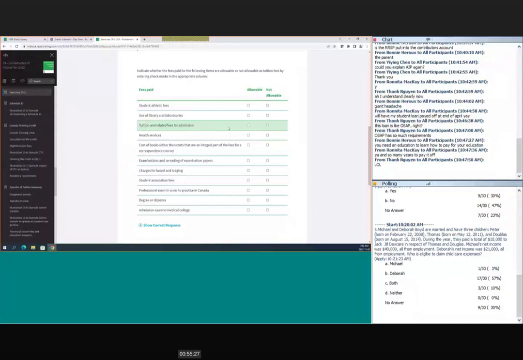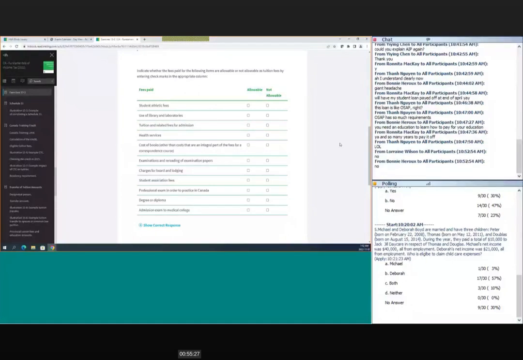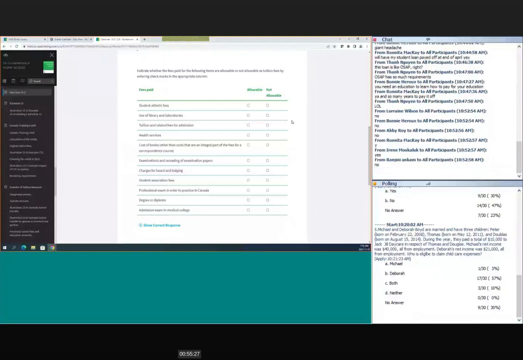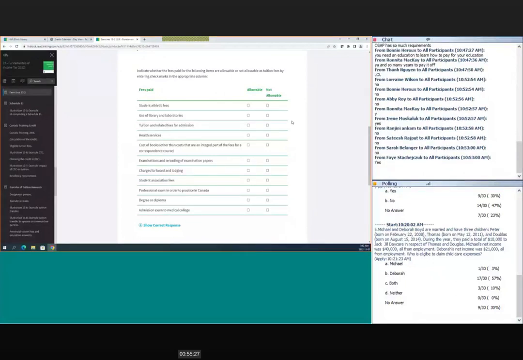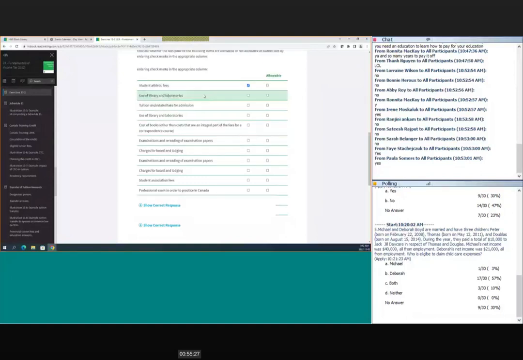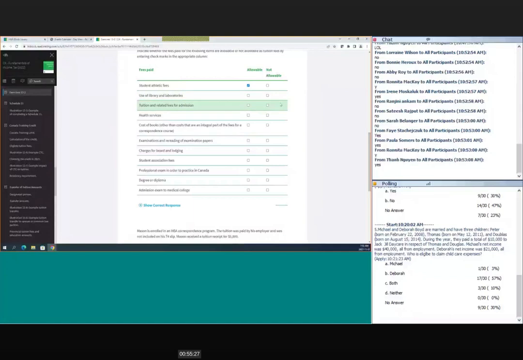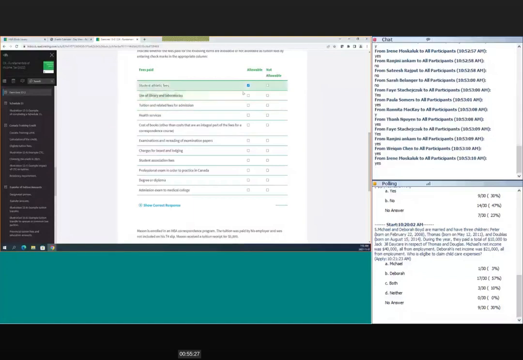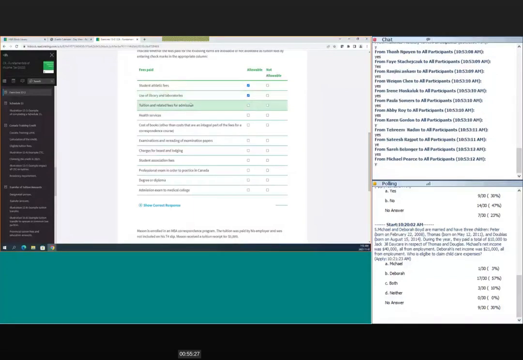So our student athletic fees, tell me in the chat, are they eligible for tuition? Yes, it is allowable. Use of libraries and laboratory, is that yes or no? Yes, it is. Next one, tuition and related fees for admission.